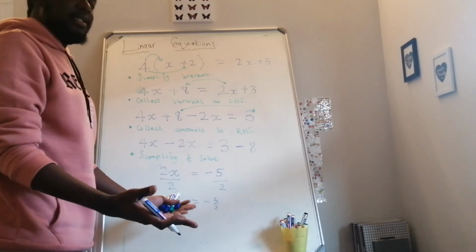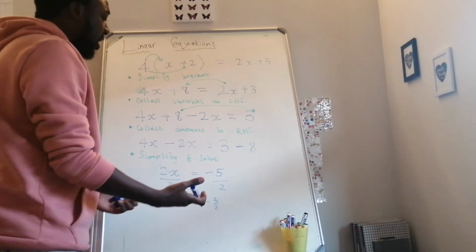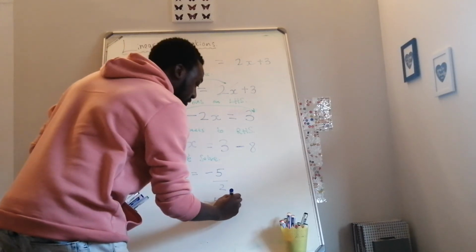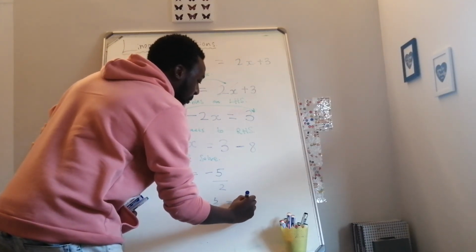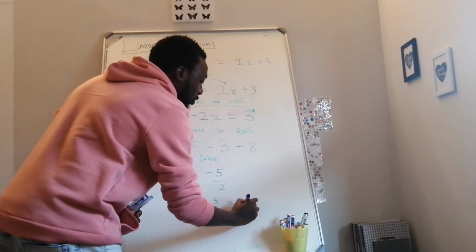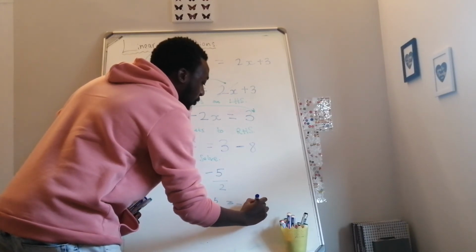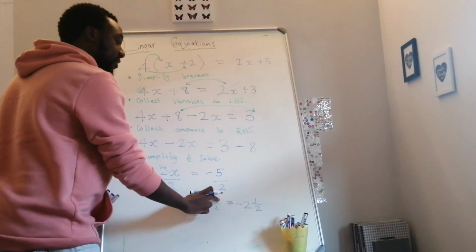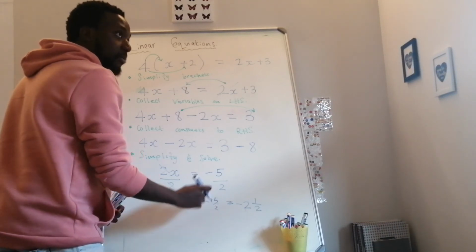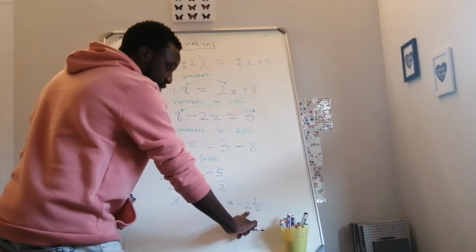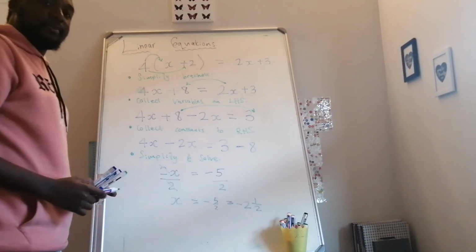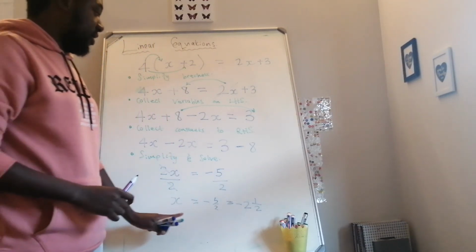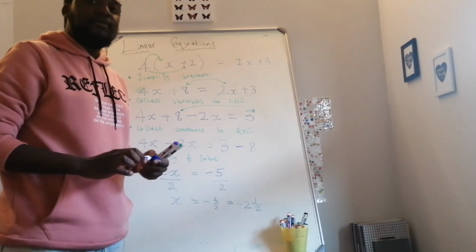You can write it as a mixed number, but you can't simplify that fraction. It's negative 2 and 1 over 2, since how many 2's are in 5? There's 2 2's. What is the remainder? The remainder is 1. So my x value is equal to negative 2.5.